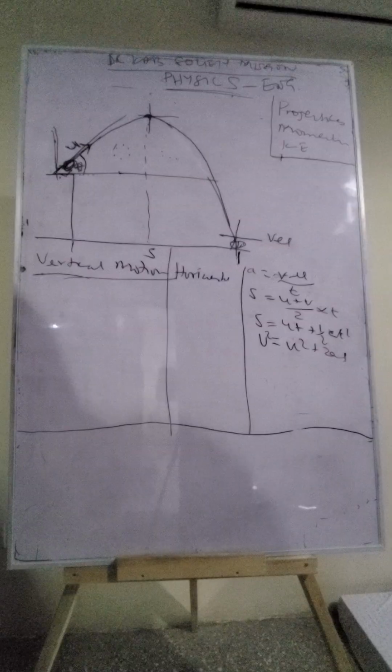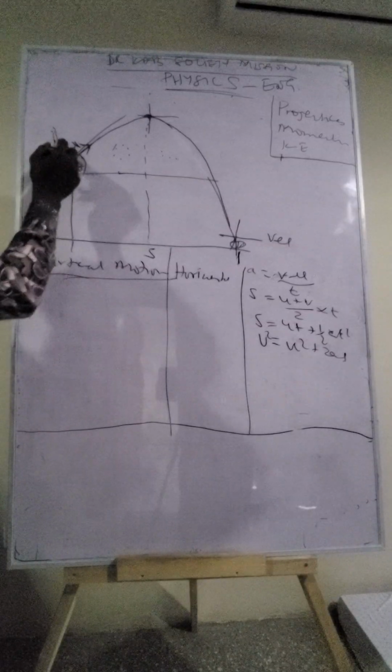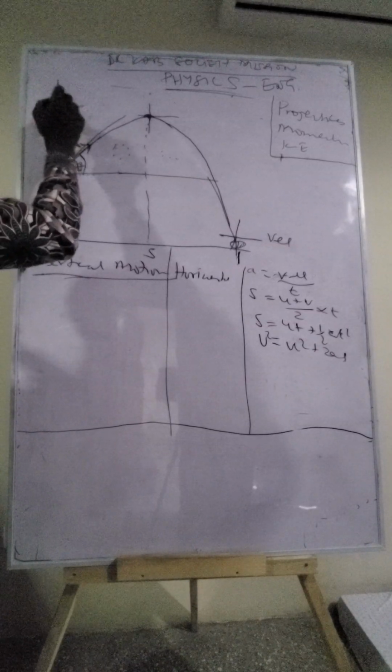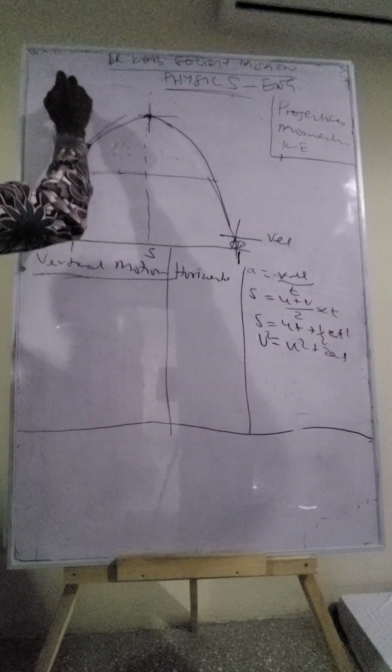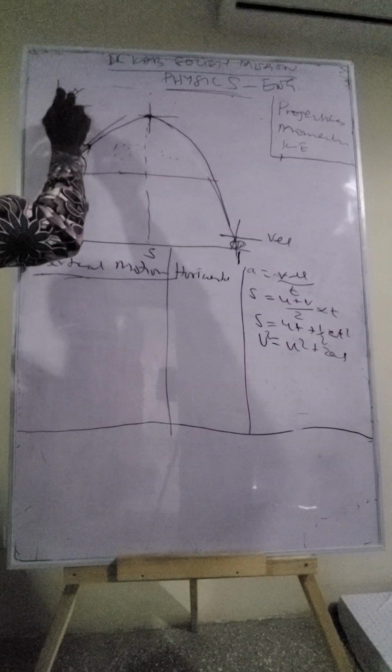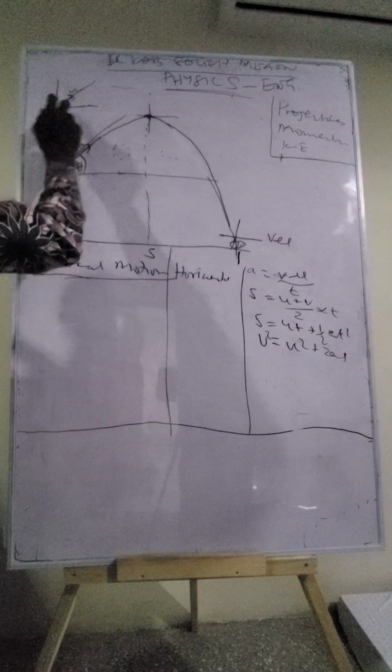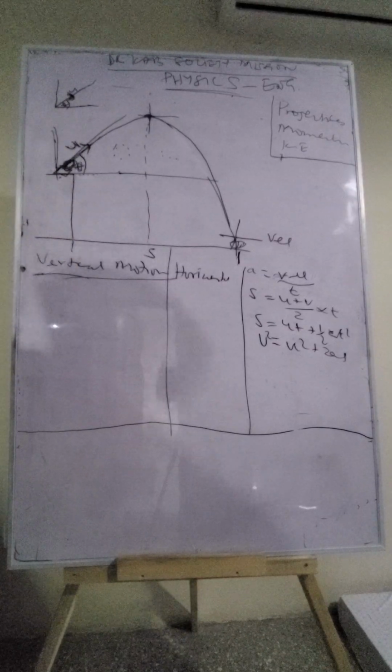Alright, so we said the initial velocity, we have something like that. And this is u, this is theta. How do you get it? It's the same thing that we talked about in mathematics.